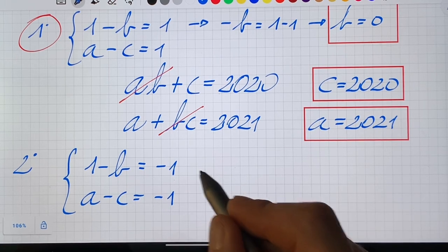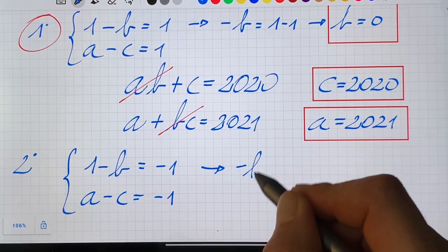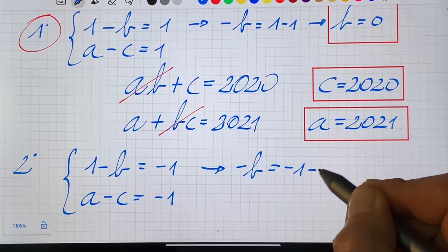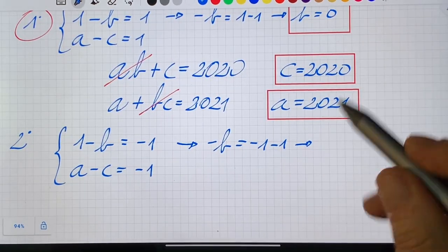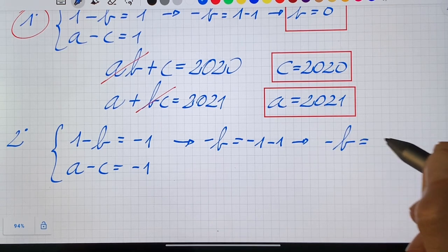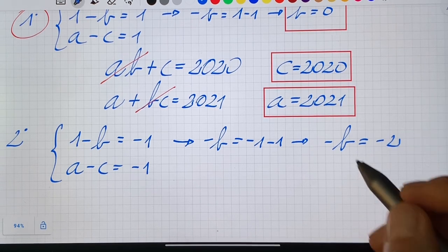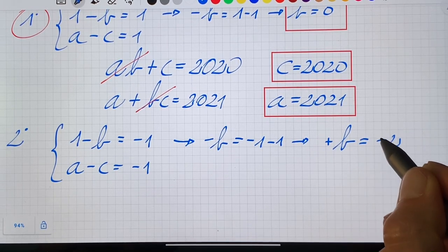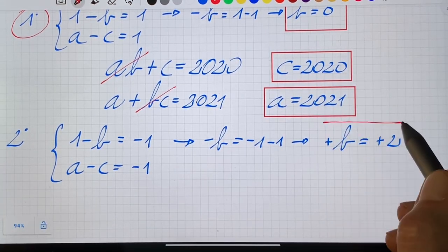Now, from the first equation, we have minus b is equal to minus 1 minus 1. That means minus b is equal to negative 2. We change the sign in both sides, so we get b is equal to 2. So, in the second case, b is equal to 2.